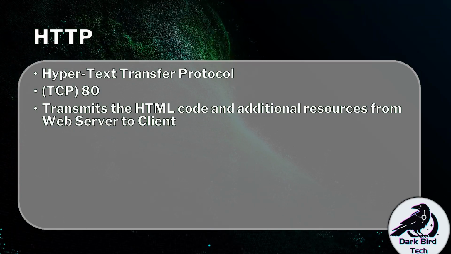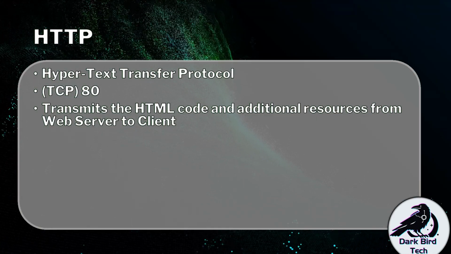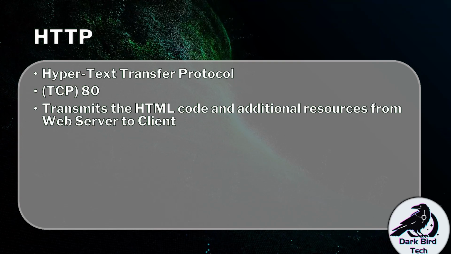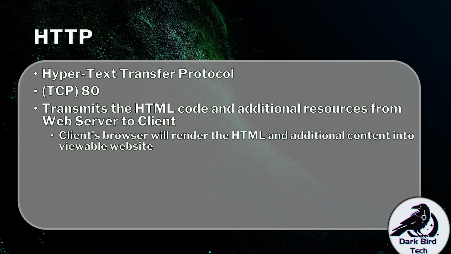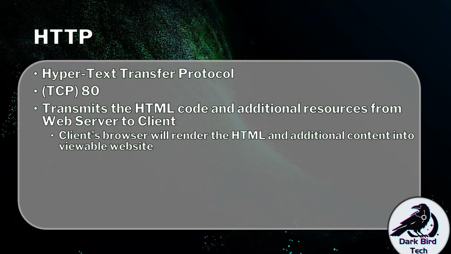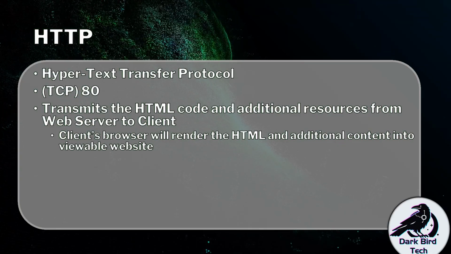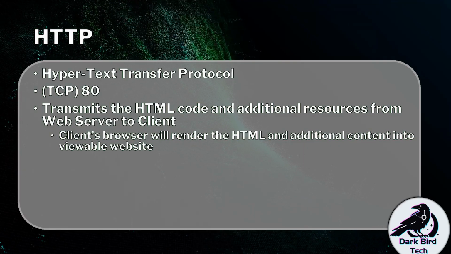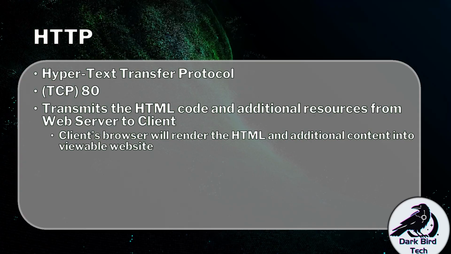Now, those additional resources can be pictures, video, fonts, basically anything that can't be expressed using pure HTML code. And what happens is the client's browser will take that code and render the website into a viewable form. This is why no matter how fast your internet connection is, there is always a momentary delay before the website appears because your browser has to render it real time, almost like compiling an application as soon as you want to run it.